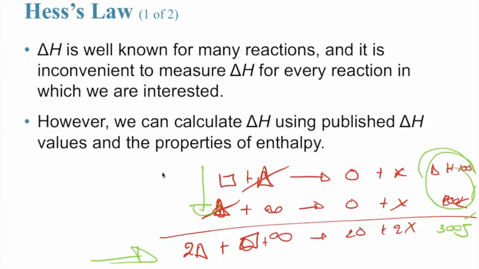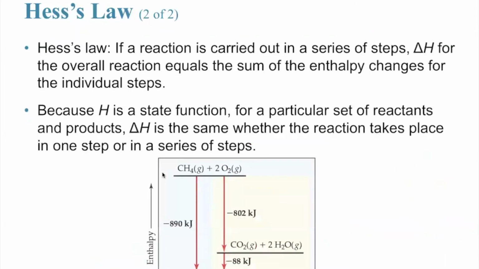So this principle is called Hess's law, where we pretty much manipulate equations to get us to our desired overall equation. Hess's law says if a reaction is carried out in a series of steps, like small reactions, delta H for the overall reaction equals the sum of the enthalpy changes of the individual steps.